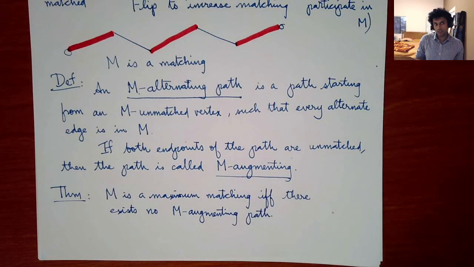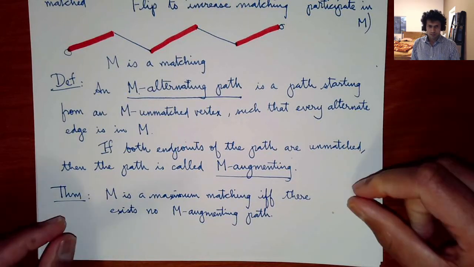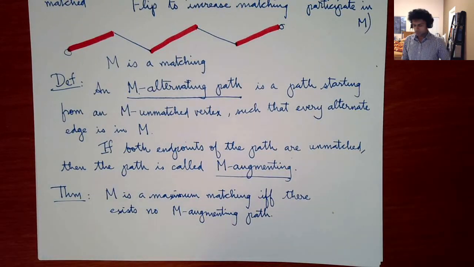One side is easy. If M is a maximum matching, there exists no M augmenting path, because if there existed an M augmenting path, you could increase the size of the matching. The non-trivial part is that if there exists no M augmenting path, then M is actually a maximum matching. That is not as obvious. Is this statement clear? Any questions about what the statement is saying?